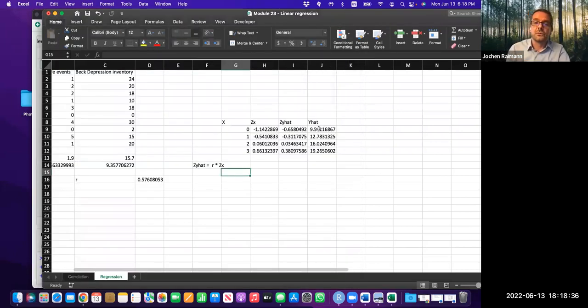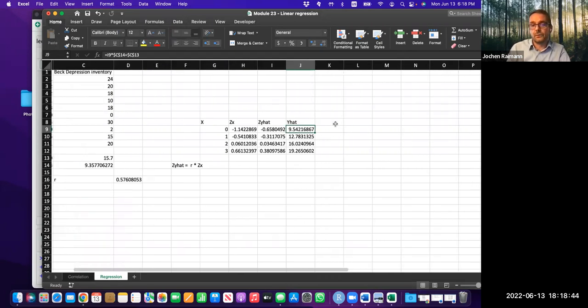We can now do a y hat that is our predicted y hat. So we're getting now from the intercept. We know the intercept is 0.95.